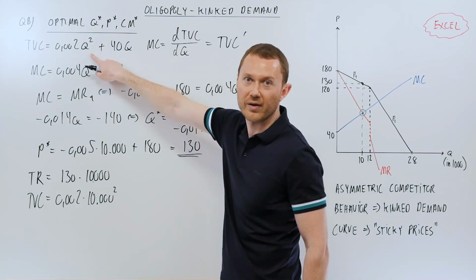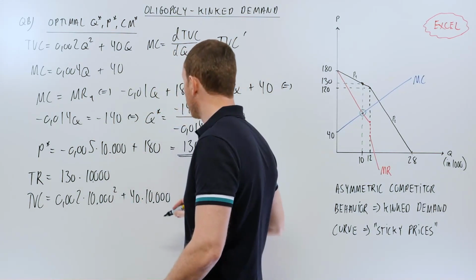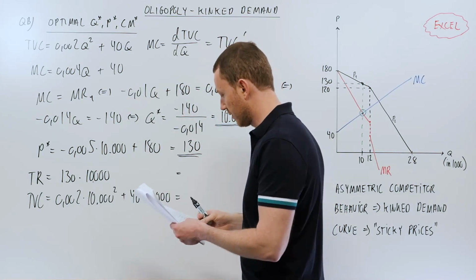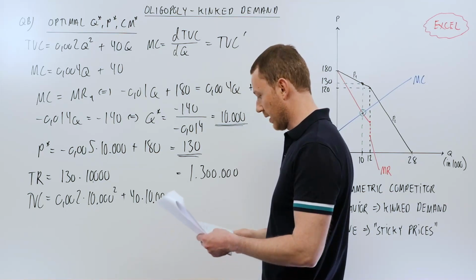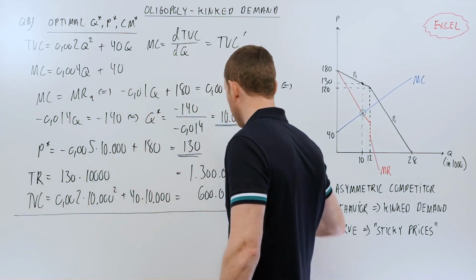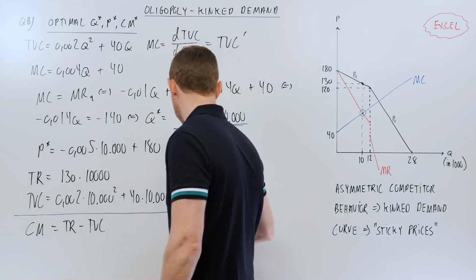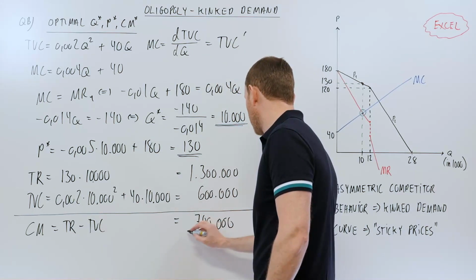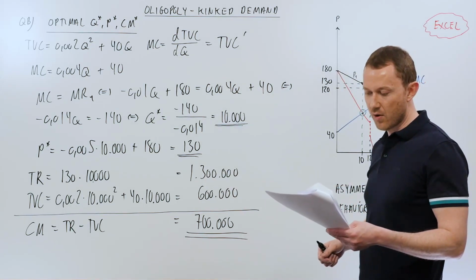I'm substituting into our TVC function up here, plus 40 times 10,000, 40 times Q, giving us 1,300,000. And down here, 600,000. Contribution margin, TR minus TVC equal to 700,000.